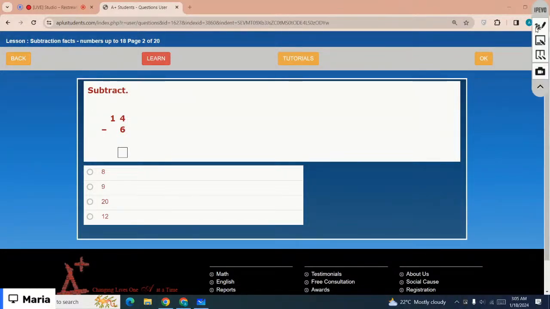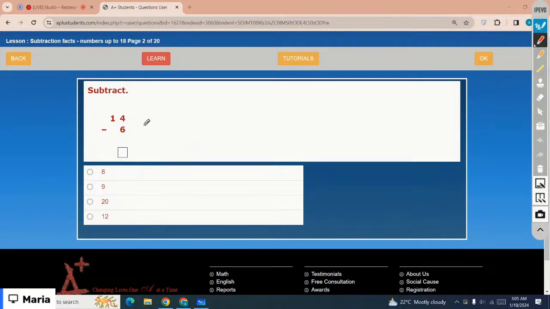Okay, so start with 6 and count until 14. So that is 7, 8, 9, 10, 11, 12, 13, and 14. Now count these numbers, that is the difference between 14 and 6. 1, 2, 3, 4, 5, 6, 7, 8. So 14 take away 6 is 8. Got it? So the correct option is 8.